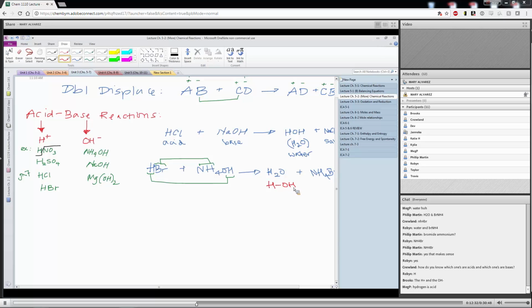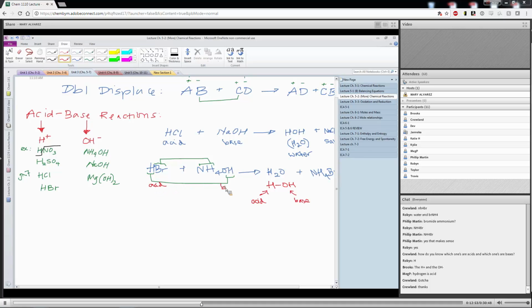Good. The one that donated the H was the acid, and the one that donated the OH came from the base. So that H came from the acid, this OH came from the base. So you just come back here and you can say, all right, this one donated the H, so it must have been the acid.